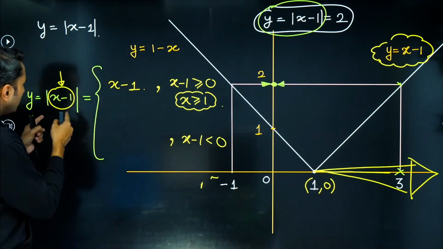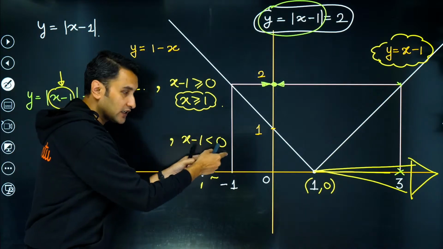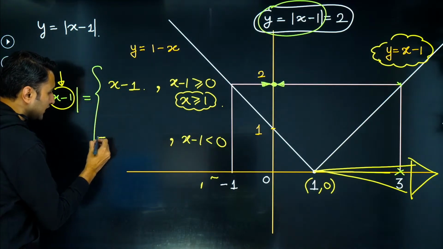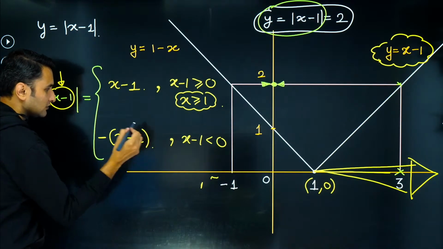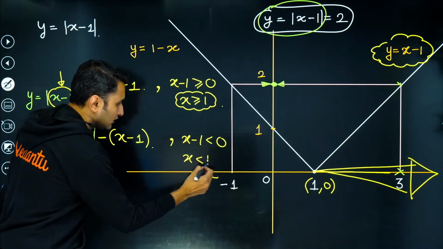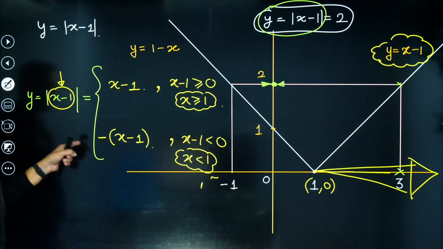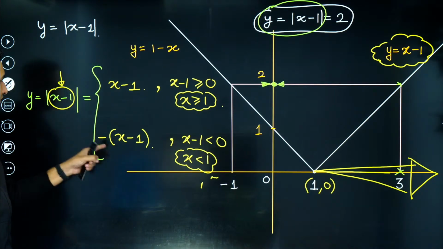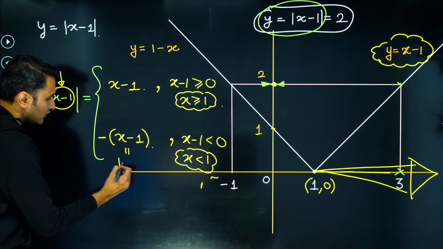So whatever comes inside the Baba's ashram, if that is negative, Baba gives it a negative sign to make it positive. Agree? So this is x less than 1. When x is less than 1, the graph behaves like minus of x minus 1. You can also write this as 1 minus x.